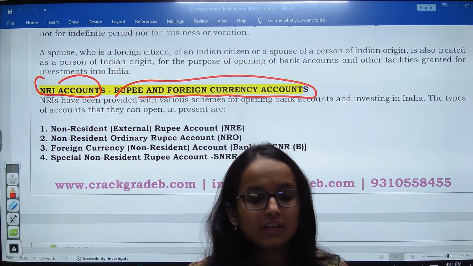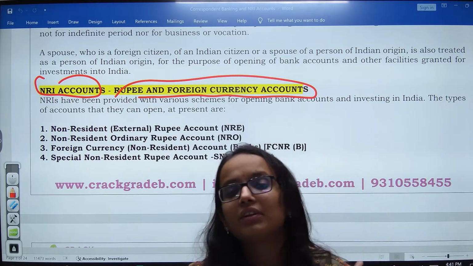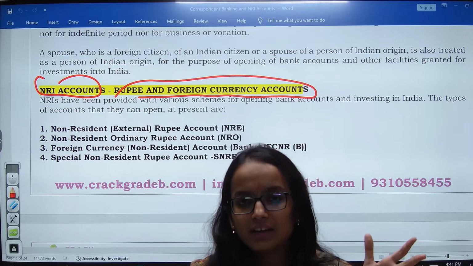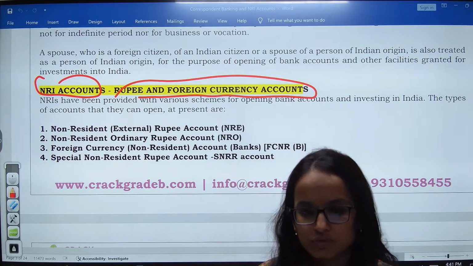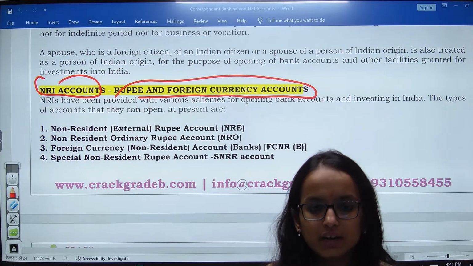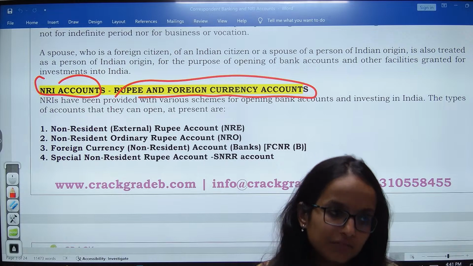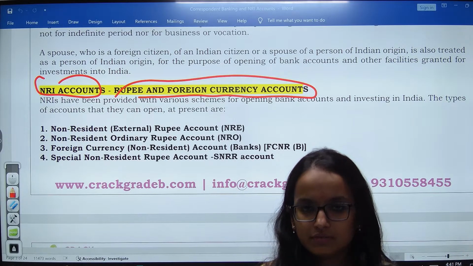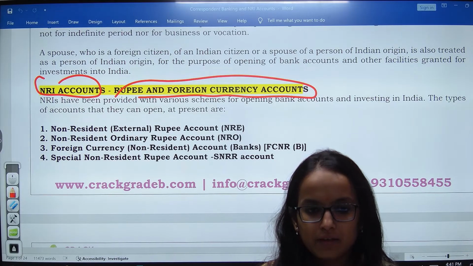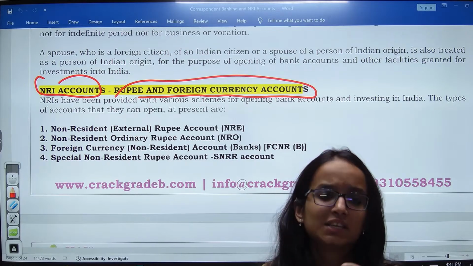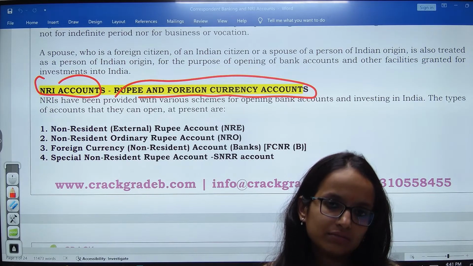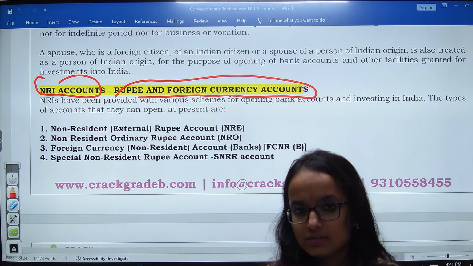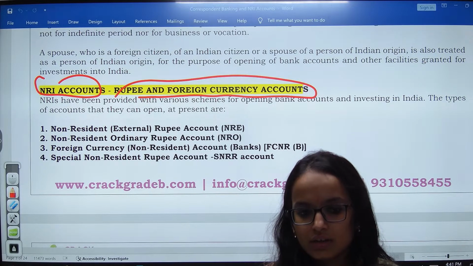For this purpose, we have classified different accounts. We have several NRI accounts which serve all purposes of all the categories of these individuals. Are you able to understand that? We have different accounts to serve the needs and investments of these individuals, because we cannot have the same kind of accounts as we have being a resident and citizen of India. There are differences if you are living outside.